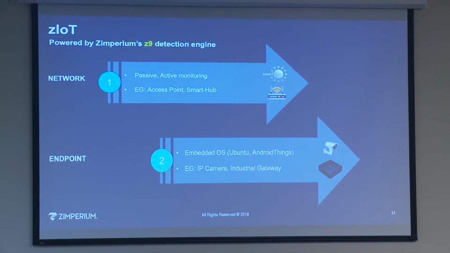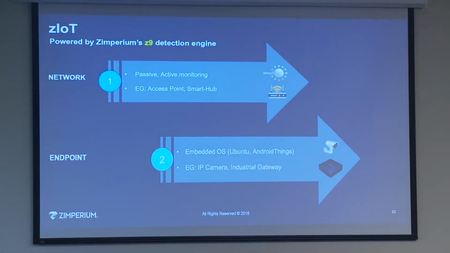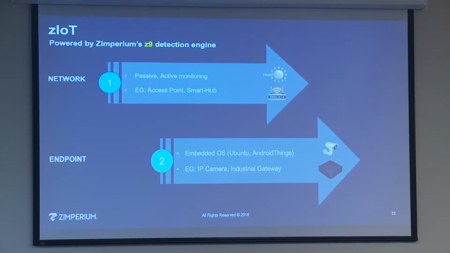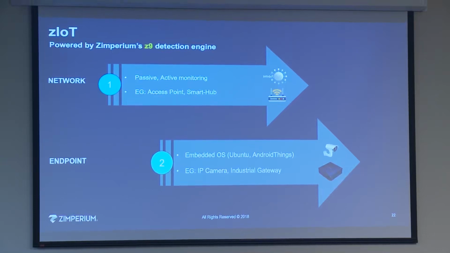And then, again, we're trying to protect the endpoint, not just the router, but the endpoint. So you could also put our engine on the endpoint, because a lot of these endpoints have embedded Linux, right? The Mirai surveillance cameras that came out a year and a half or 2 years ago ran as an embedded Linux daemon on the device.